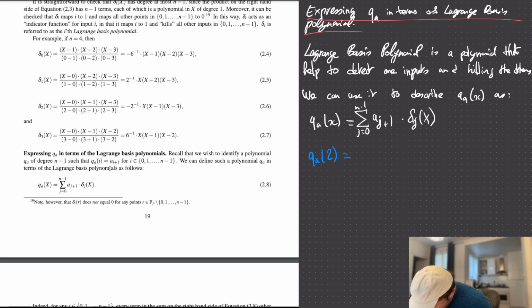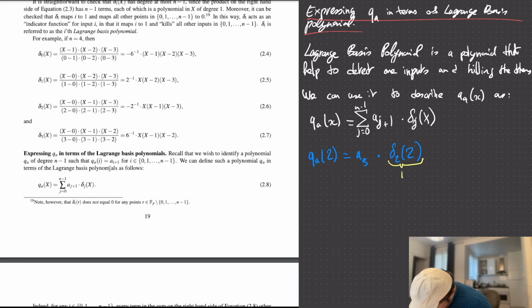The polynomial will actually be equal to just a of 3 times delta 2 of 2, because this is 1, right?